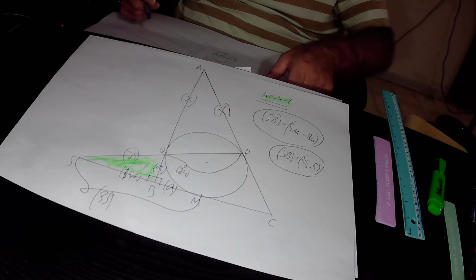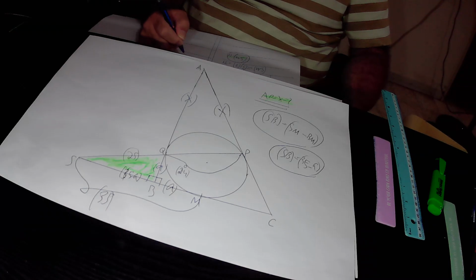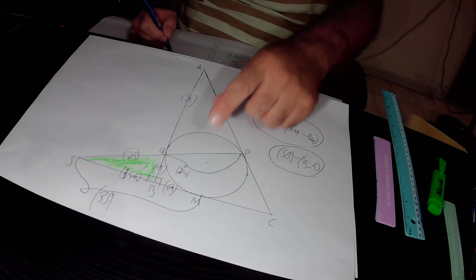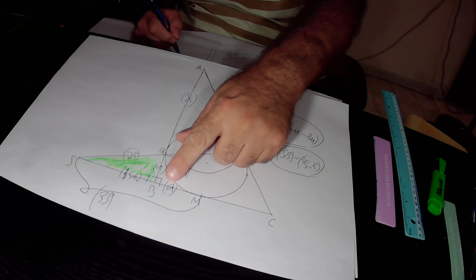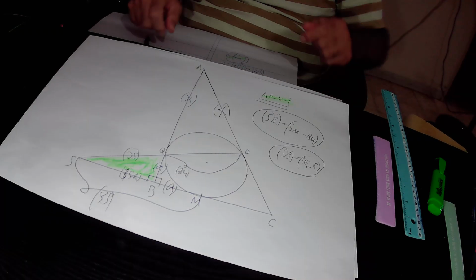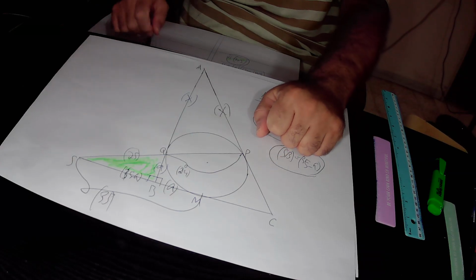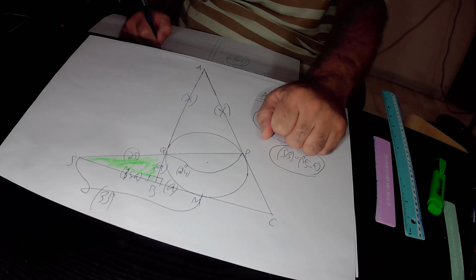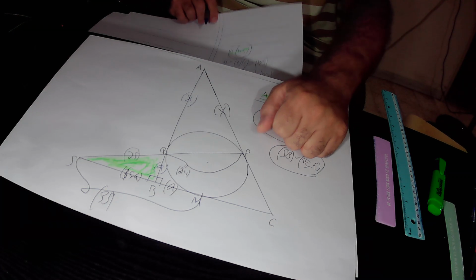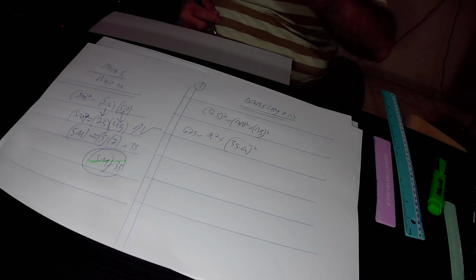QS is 25, therefore QS squared is 25 squared, that is 625. And it is equal to QB squared. QB is 8, therefore QB squared is 8 squared. Plus BS squared. BS is 35 minus a, therefore BS squared is 35 minus a, squared. So in total, we found that 625 equals a squared plus (35 minus a) squared.